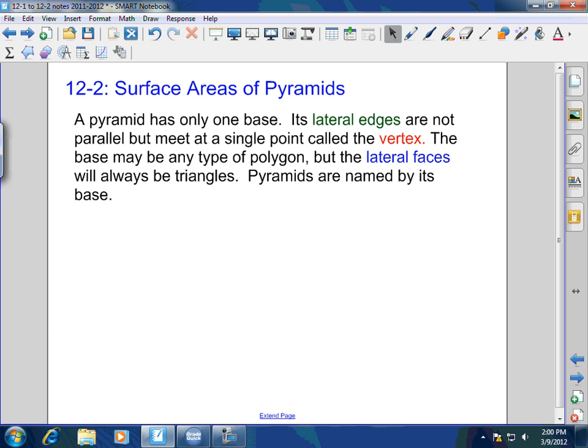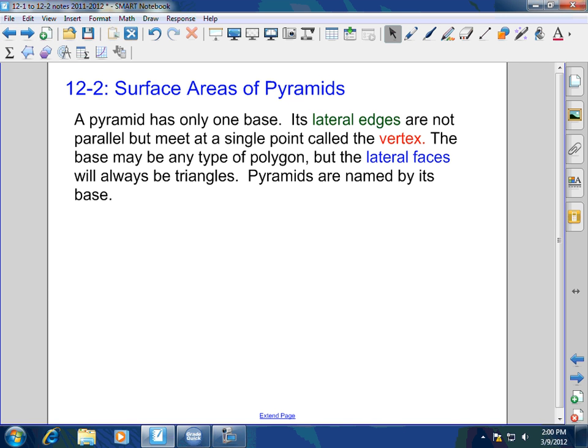Let us continue. 12.2. Surface area now of pyramids. Now, a pyramid is also a polyhedron. It's made of many faces. But a pyramid has only one base.